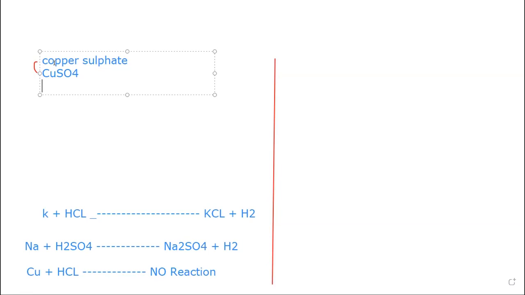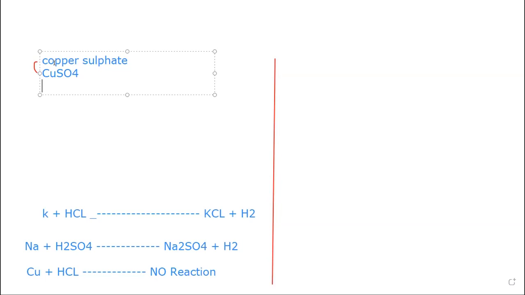Each one of these elements, like copper or sulfur or oxygen, consists of one type of atoms. Copper is all copper atoms, oxygen is all oxygen atoms, and so on. So this is the first difference between elements and compounds.